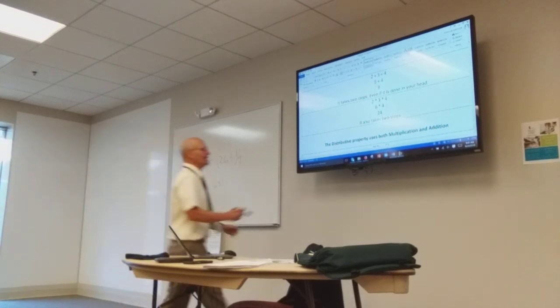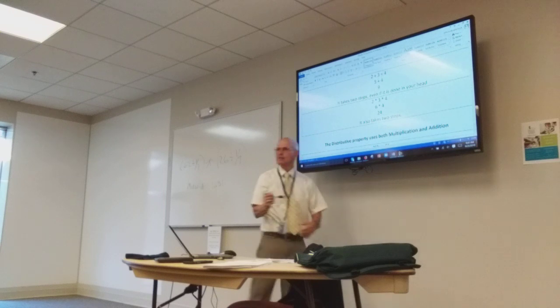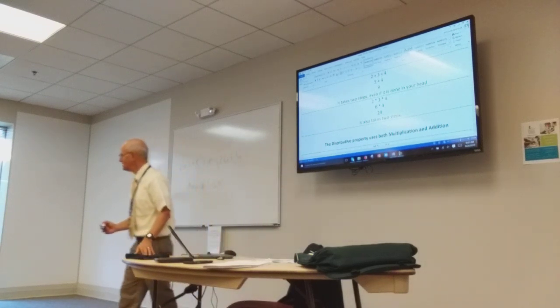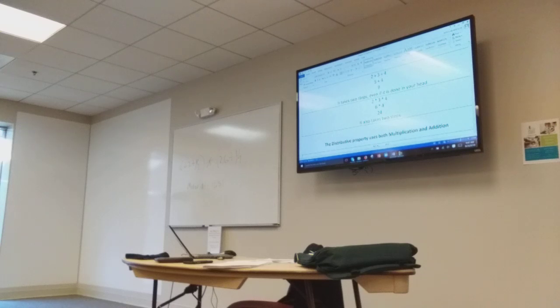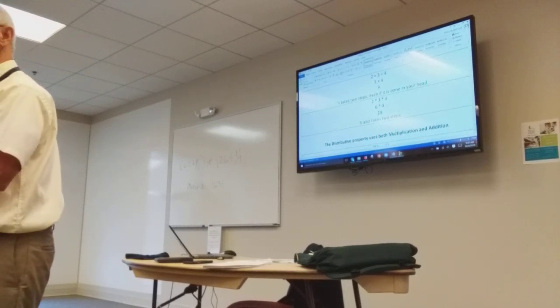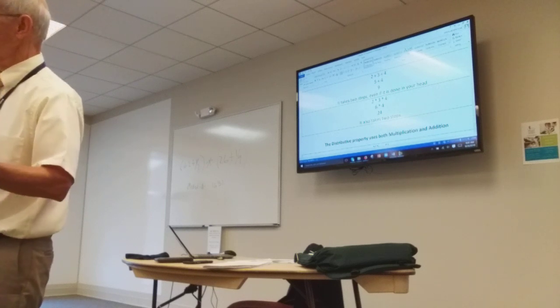Do you agree that this line, 6 times 4, is simpler than the line that's above it? The idea is to simplify. Not always to find the answer, but to take what's written down and below it, write something that is simpler.